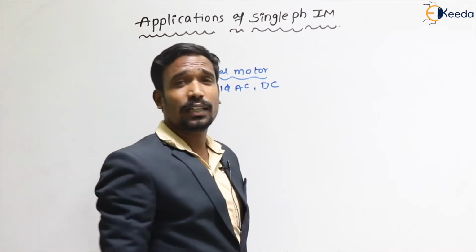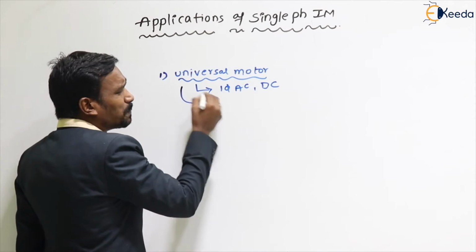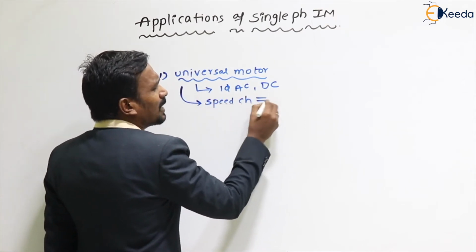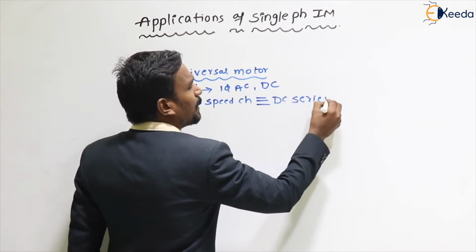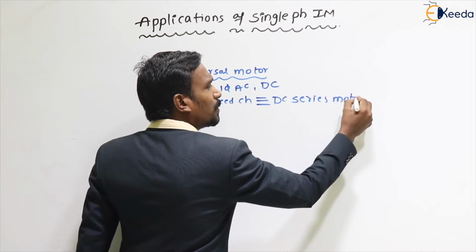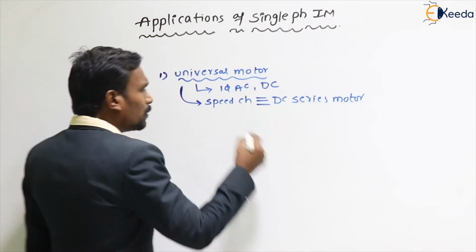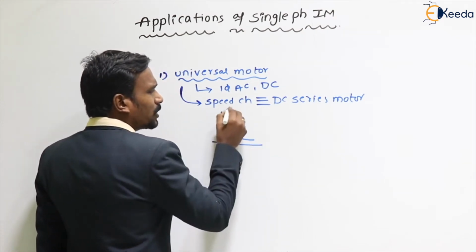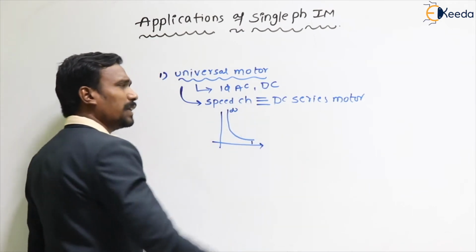For both, it will work. Generally, these speed characteristics are exactly the same as the DC series motor speed characteristics, because this is also like a DC motor. How are the speed characteristics? Like this: at no load condition infinite speed, at full load condition very less speed.